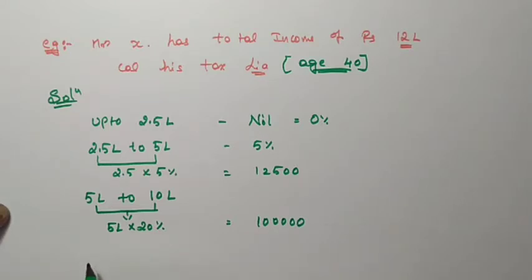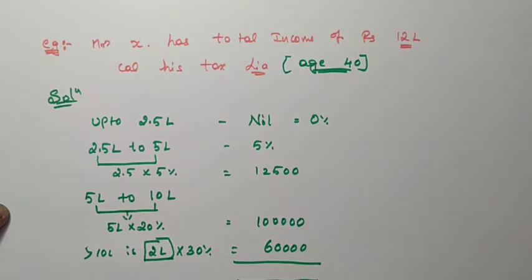On the remaining, above 10 lakh is 2 lakh, right? On 2 lakh into 30%, that is 60,000.